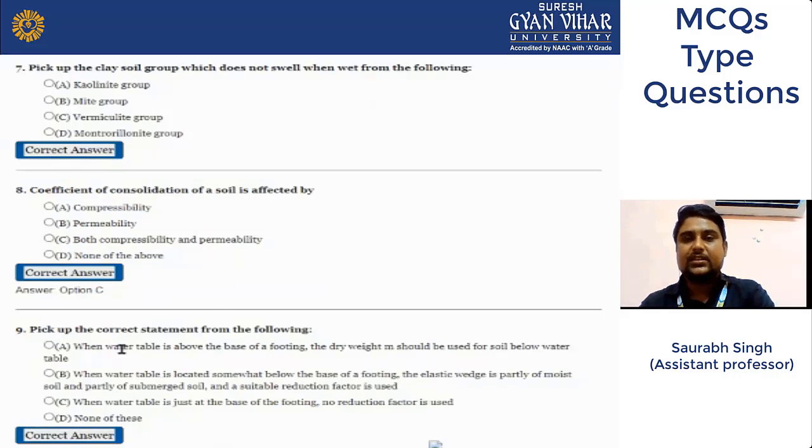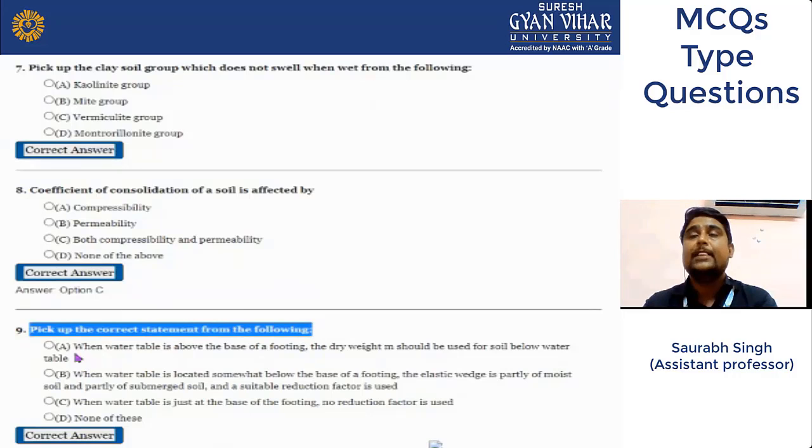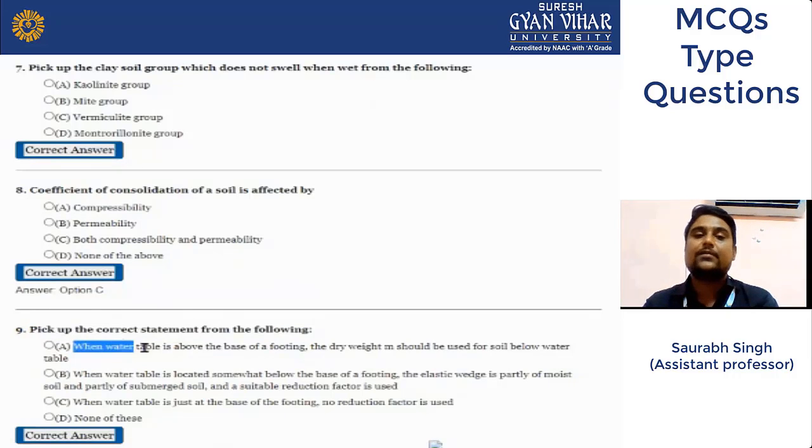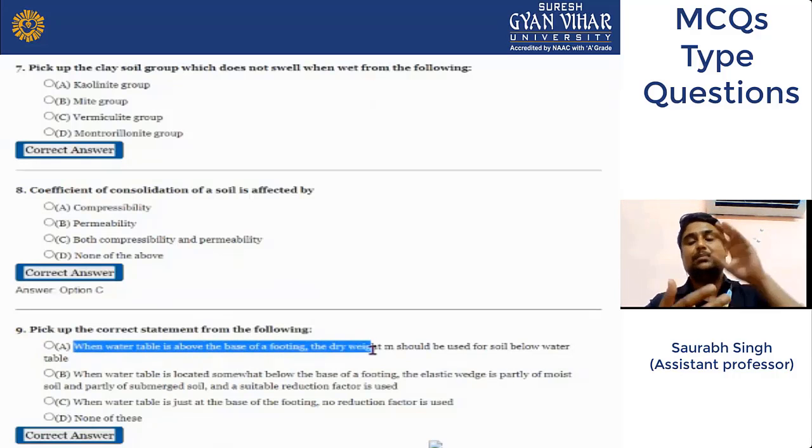The next question is about picking the correct statement from the following. The first statement is when the water table is above the base of the footing, the dry weight of soil should be used for the soil below the water table.